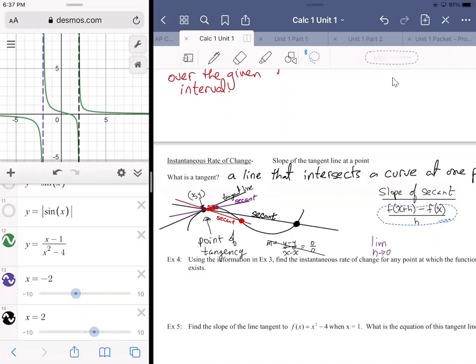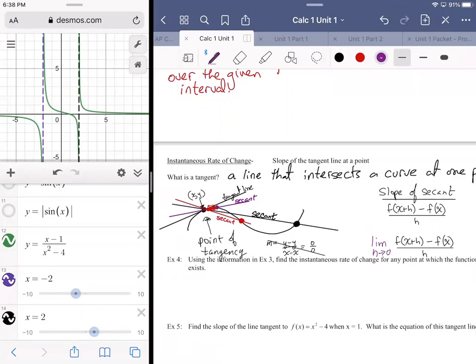Because remember, h is referring to the horizontal distance between the 2 points. So if I tell you that the horizontal distance is approaching 0, what I'm telling you is that those 2 points are getting closer and closer together.